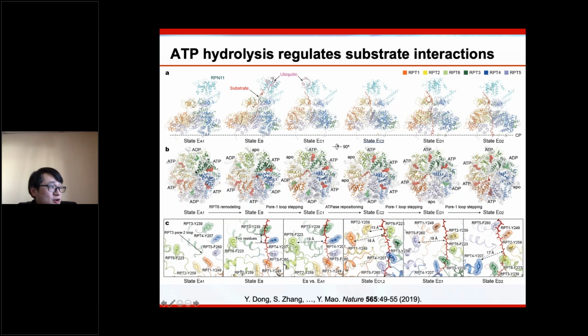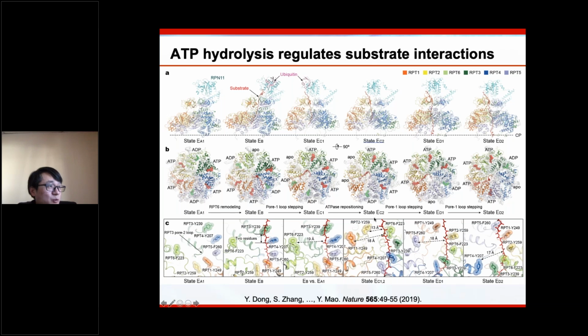So what is shown is the cycle of ADP hydrolysis navigating through all 6 hexamer subunits. That's a very interesting observation.